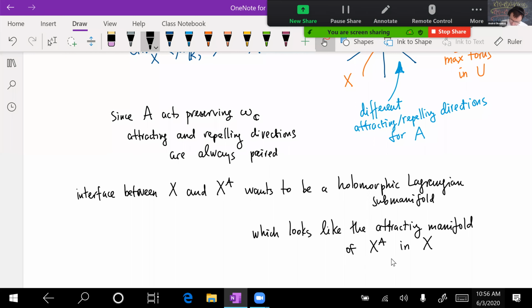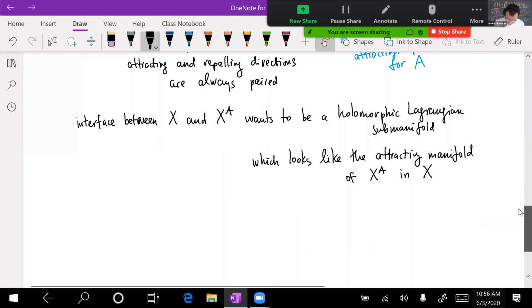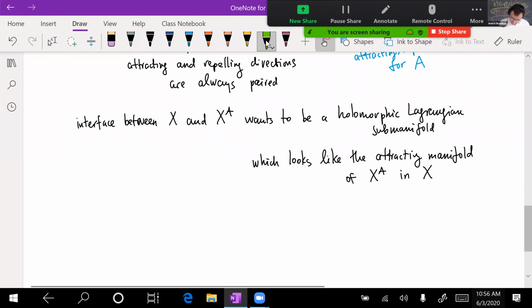Well, like I said, this is a little too much, because if I consider this attracting manifold, it is in general some locally closed set. If I close it, this will be some very singular variety. And so this whole theory of stable envelopes is precisely addressing this, so kind of stable envelopes.